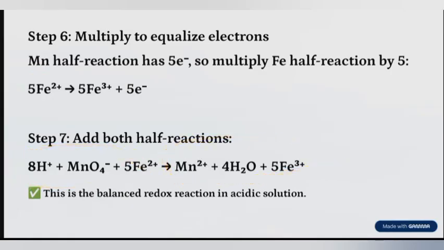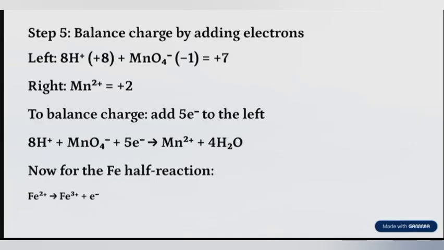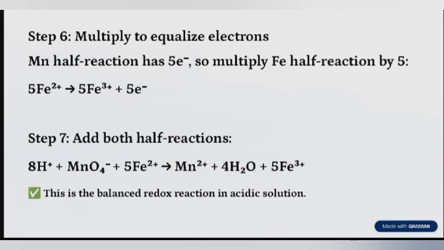On the right-hand side, we have Mn2+, 4H2O, 5Fe3+ and 5e-. Where I have an issue is this 5Fe2+, then on the right-hand side, 5Fe3+ plus 5 electrons. That's where I need explanation. I understood the other ones.